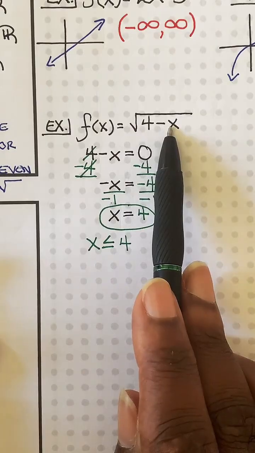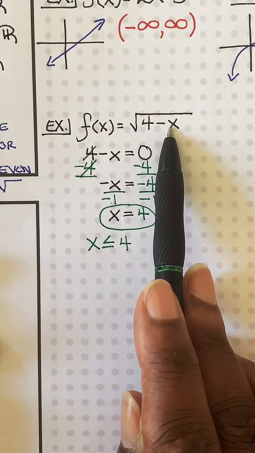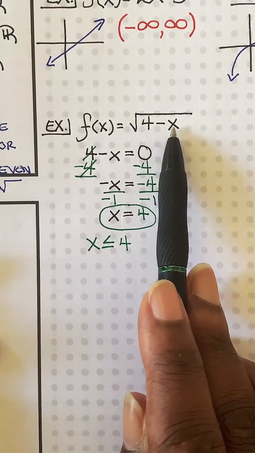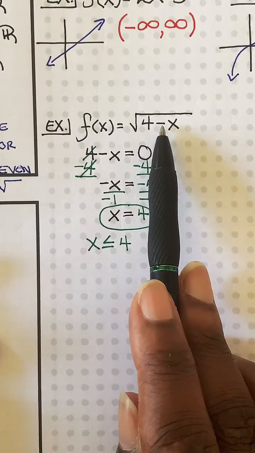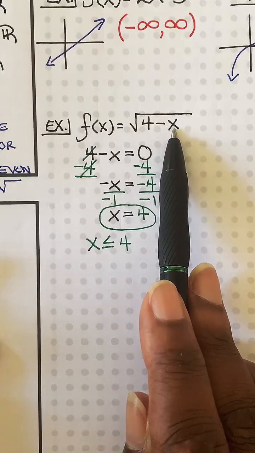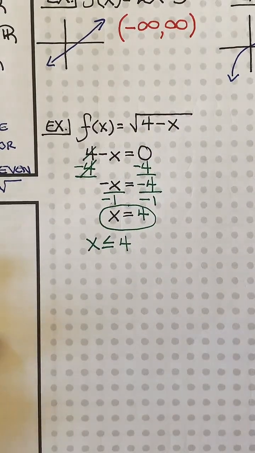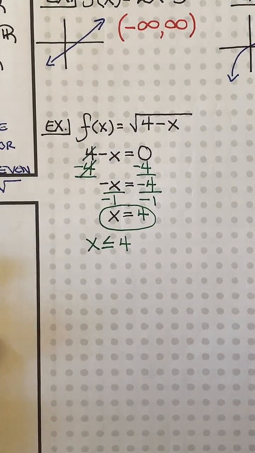When I minus a negative, it turns positive. All negative numbers will work as well, because a minus a -5 will turn into a +5. So 4 plus 5 gives me 9. The square root of 9 is 3. That's a positive answer, and it works.